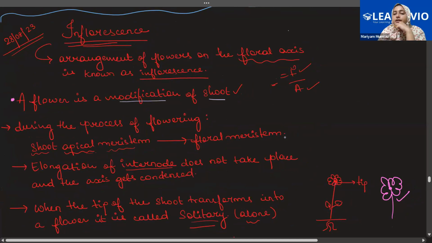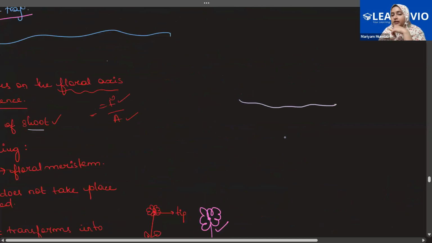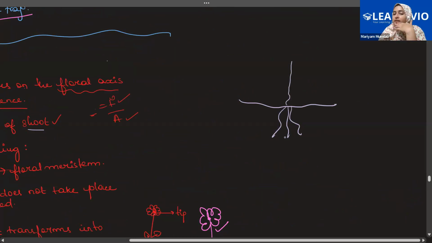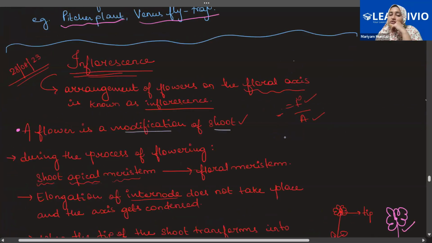For example, this is the soil, below is the root, and above the ground, here will be the stem or the shoot. Now, this part of the shoot will actually turn into a flower, right? So a flower is a modified shoot. It is a modification of a shoot.